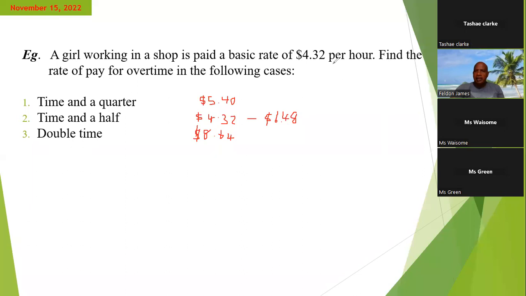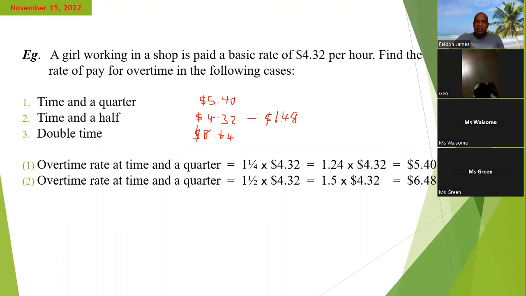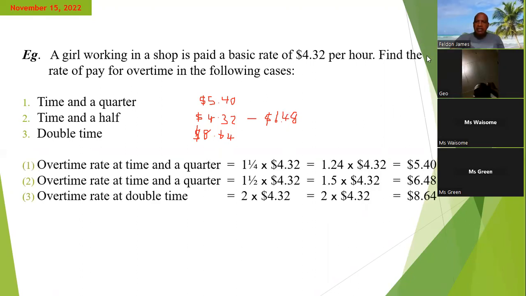All right, let us just check and see what the answer should be. For each, you would multiply the basic rate by the rate.